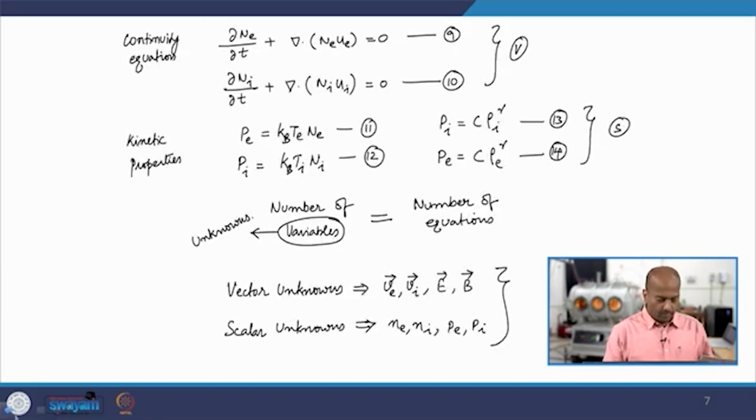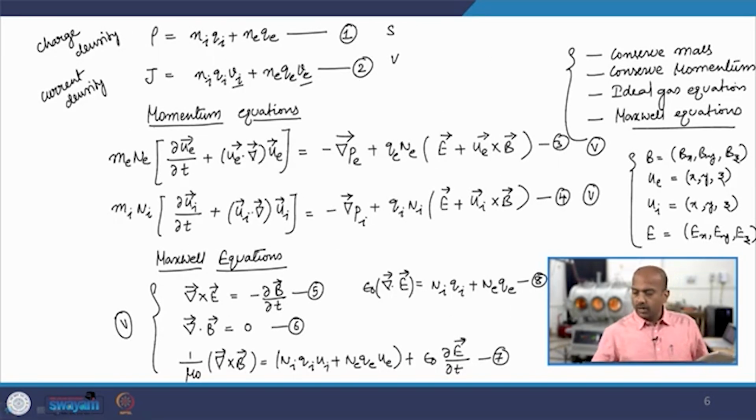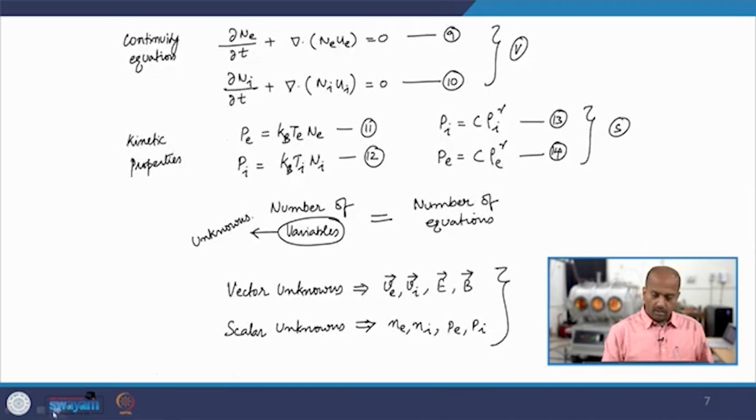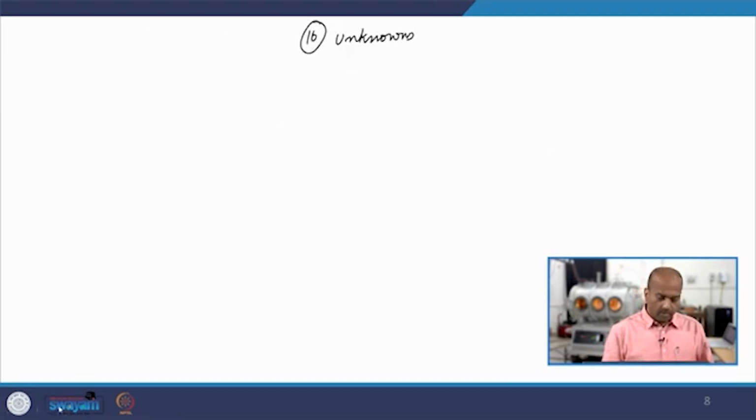We have a 3 component magnetic field, 3 component ion velocity, 3 component electron velocity and 3 component electric field. So we have 12 variables from here, and then the pressure of electrons, pressure of ions, number of electrons and number of ions. Hence we have 16 unknowns in total.